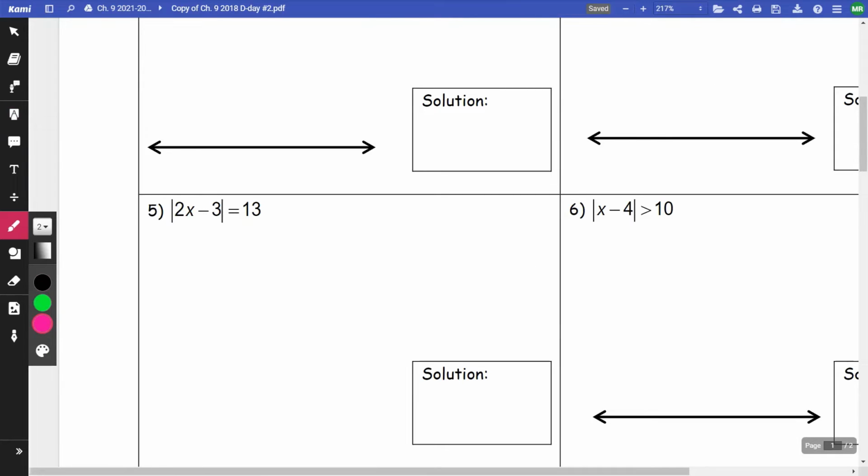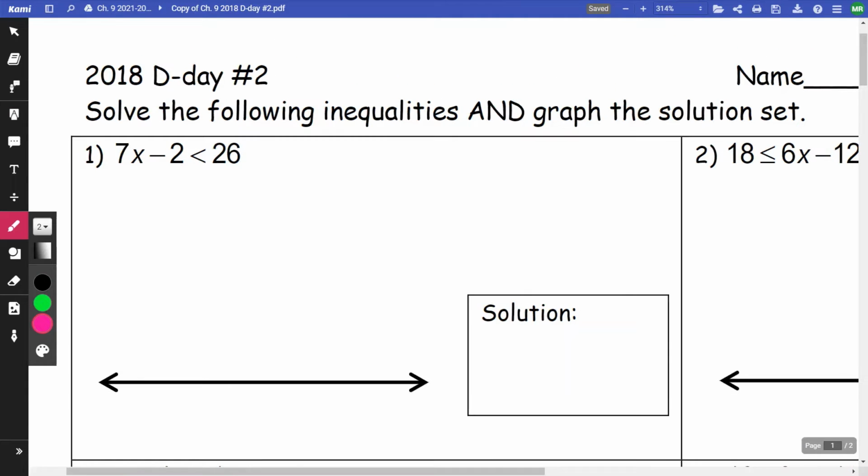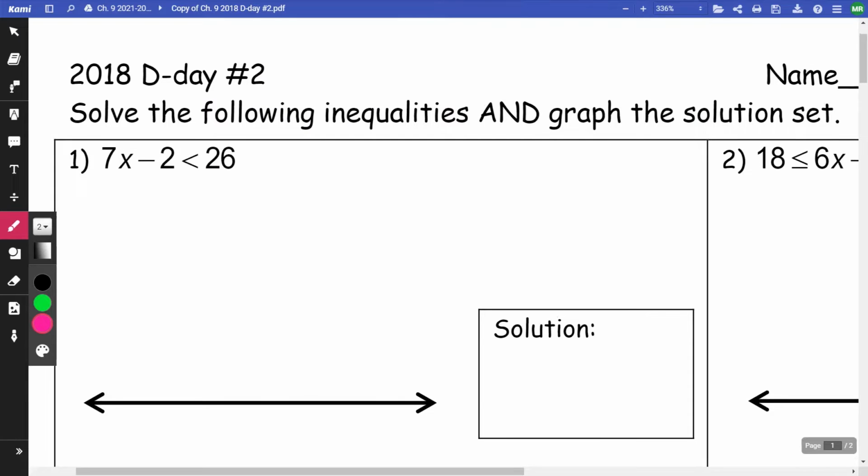Okay, so on these first ones, what we want to remember is when we're solving an inequality, the only time you're going to switch the direction of the inequality is if you multiply or divide by a negative. So I'm just going to draw it up here.